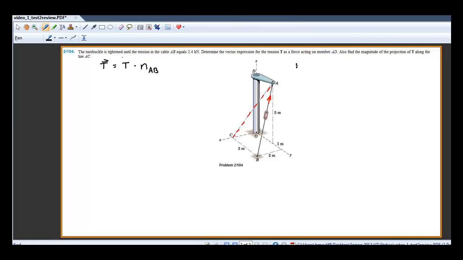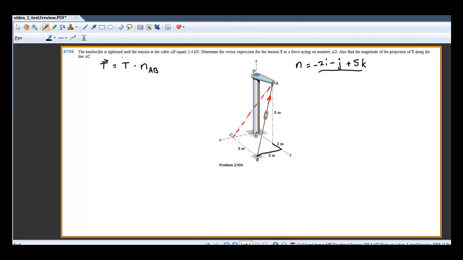The unit vector is equal to 2 in the x, so that's 2i. And that's going to be 1 because it goes across 1 here. Those are both going to be minus: minus j, and then plus 5k.